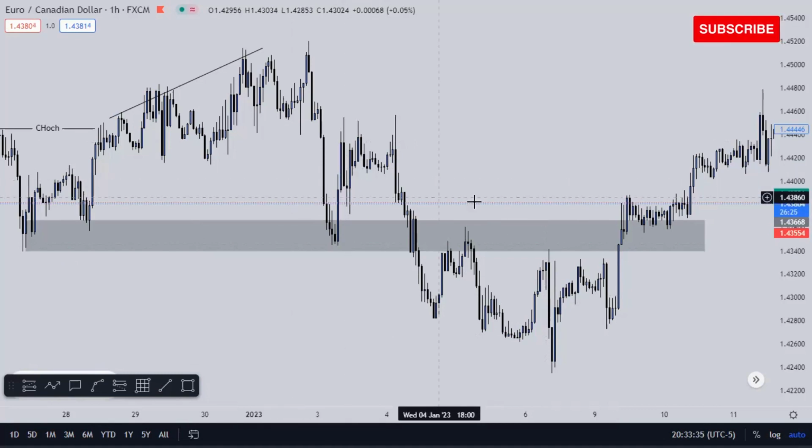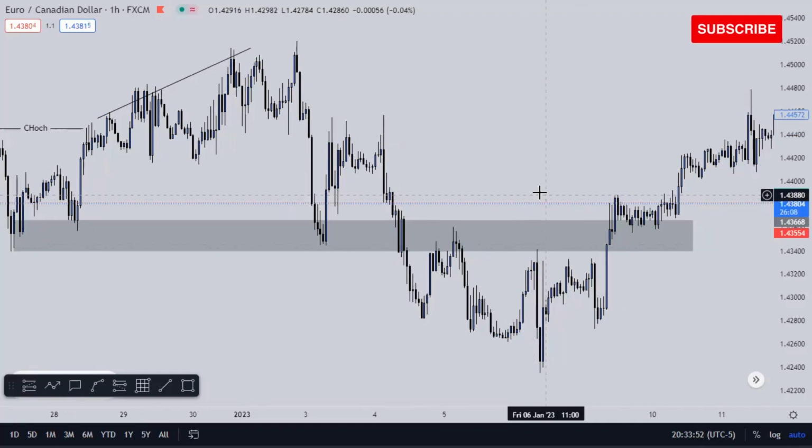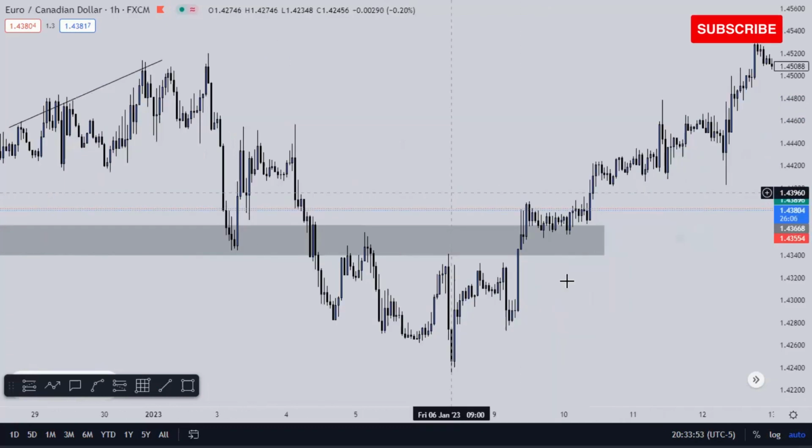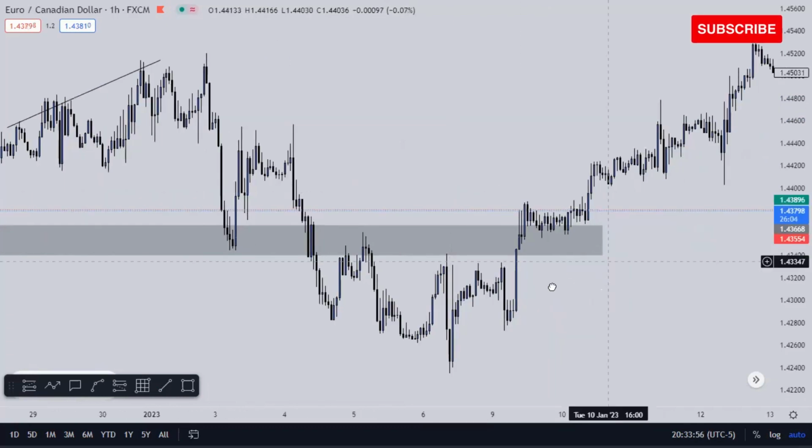I'm not buying till it breaks. When it breaks, I sell once, I'm done. I'm not selling again till it breaks again. So I use one key level, once in one direction. When it breaks in the other direction, I use that key level again once. Okay. I don't want to emphasize a lot on that. That's my own personal way of trading, so you should use yours.